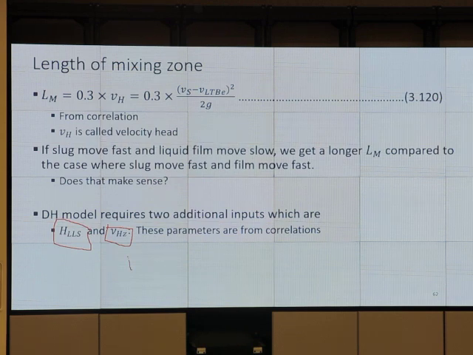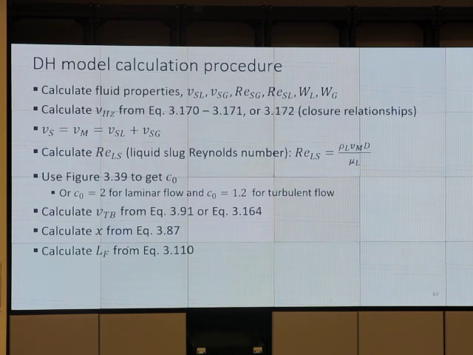We may not use slug frequency. If we don't use slug frequency, we have to use L_S, slug length. The way that we do the Dukler-Hubbard model is first we specify the input: superficial Reynolds number and mass flow rate, W_L, W_G. Mass flow rate is just volumetric flow rate multiplied by density.